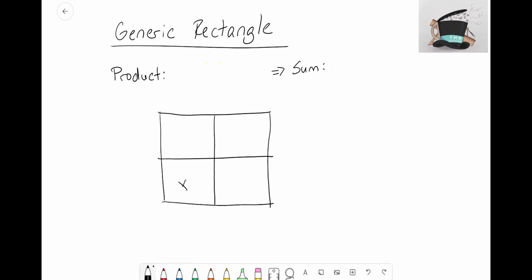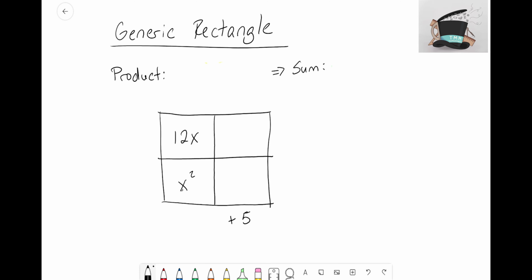So let's say that we have this tile here as x squared. We'll say this guy up here is 12x. And we'll say we know part of the side here is a 5. So now it's our goal to figure out what the missing pieces are for this generic rectangle. So let's go ahead and figure this out.